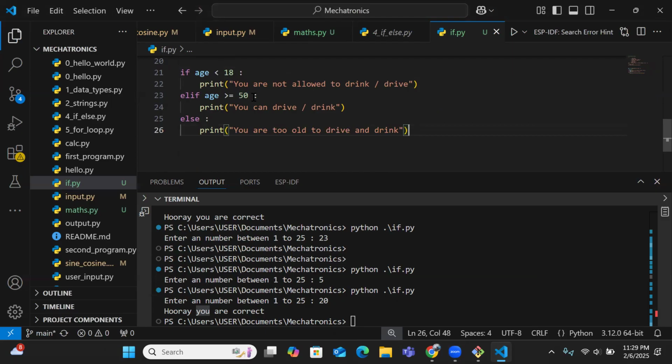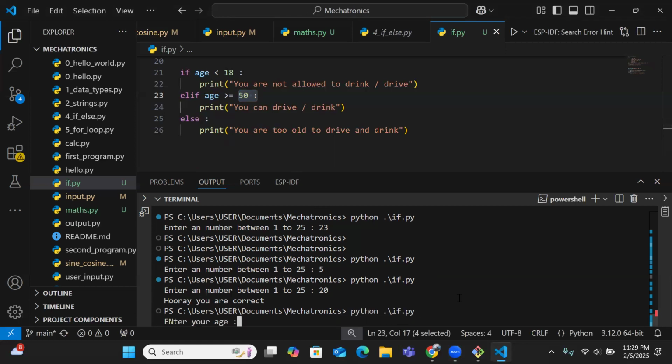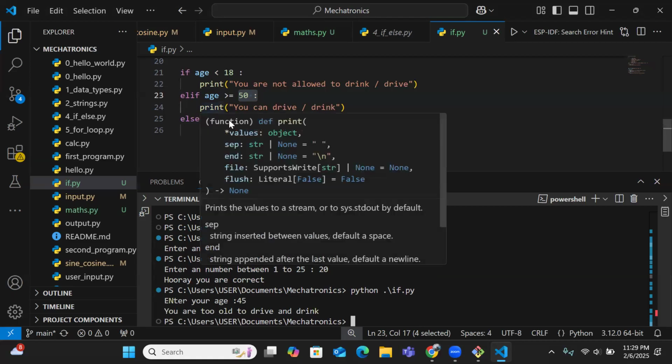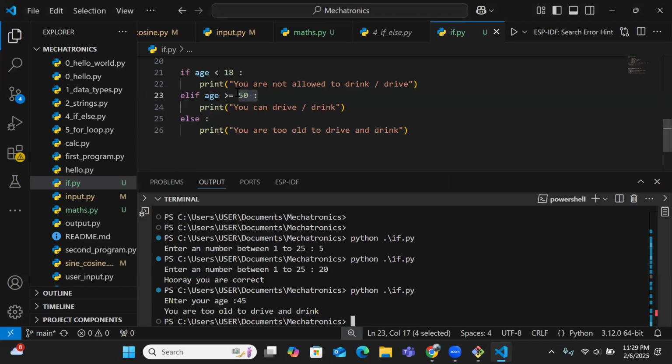Okay, so if you are 18, you are 50, all that. You enter your age, 45, it will tell you you are too old to drink. It's greater than.